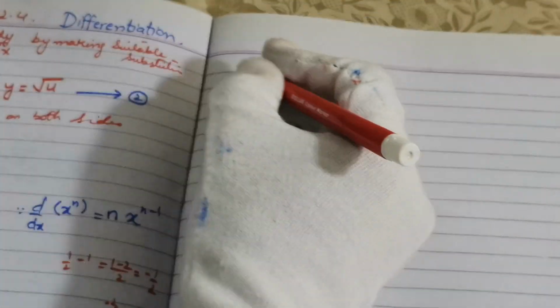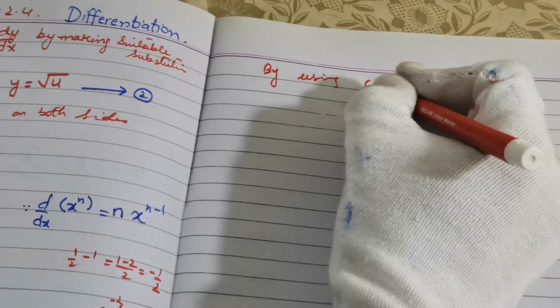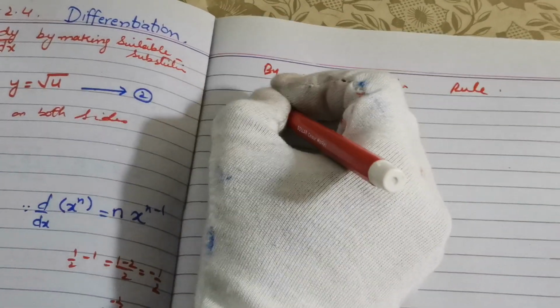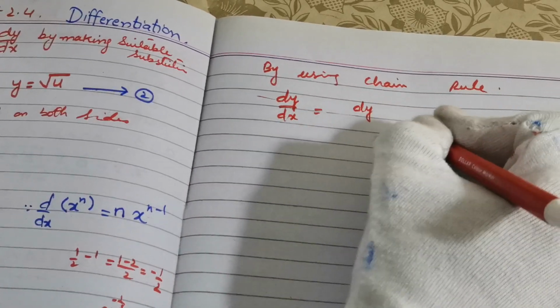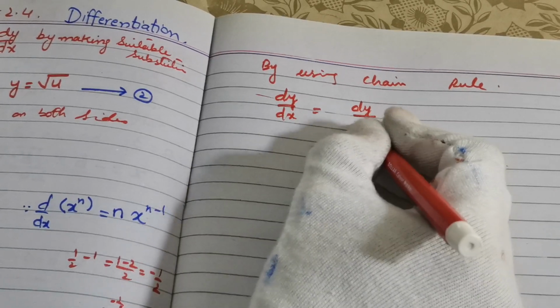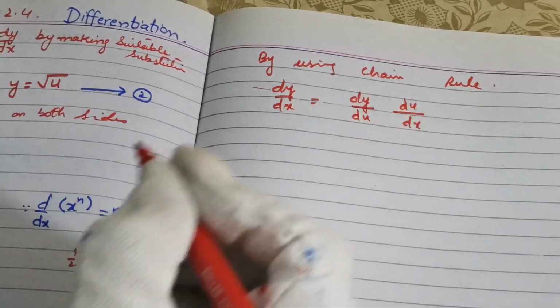Now by using chain rule, dy by dx is equal to dy by du multiplied by du by dx.